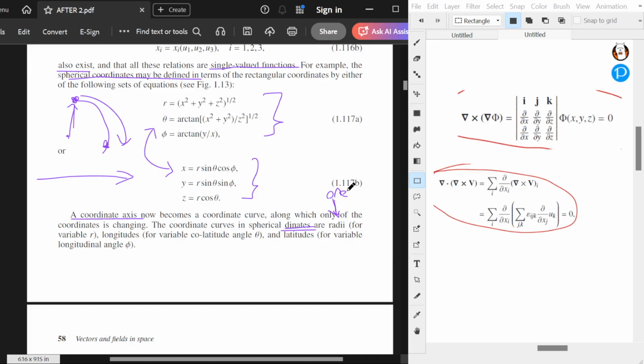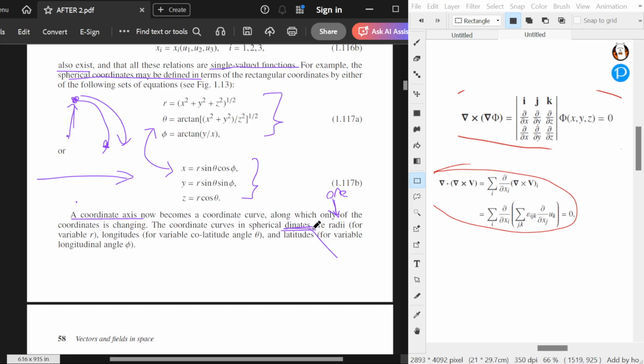The coordinate curves in spherical coordinates are radii for variable r, longitudes for variable colatitude angle, and latitudes for variable longitude angle.